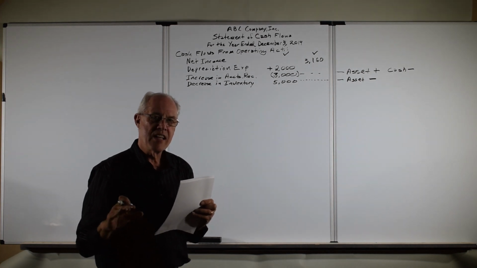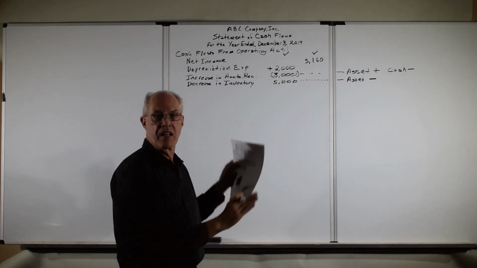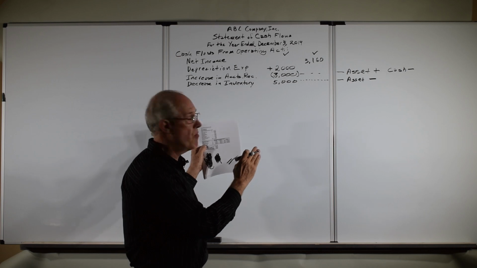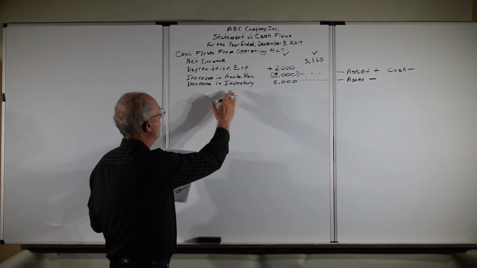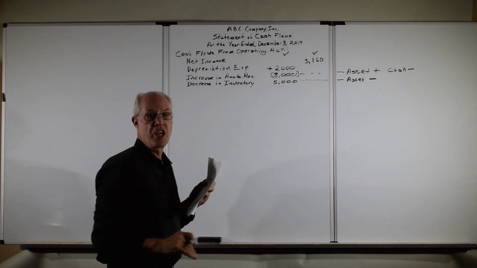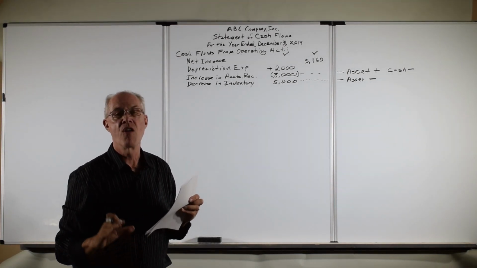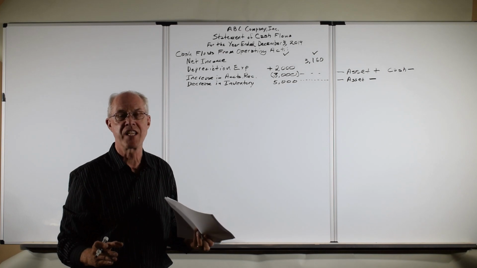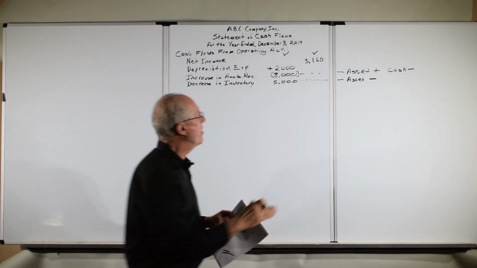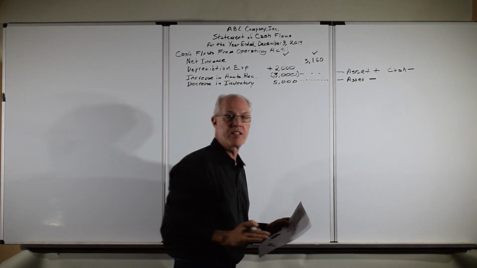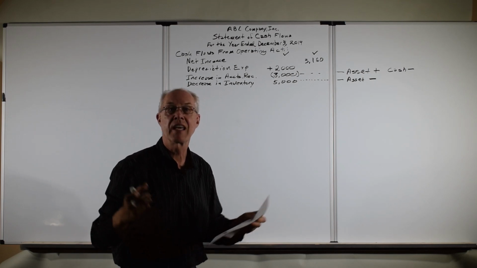When you're figuring out what to do with these changes in the operating balance sheet accounts, the way to think of it is the offset is cash. If assets go down, it's like you sold them for cash.